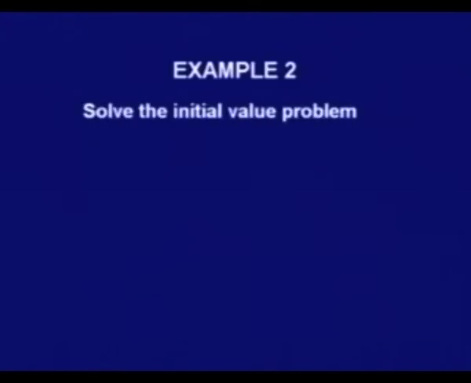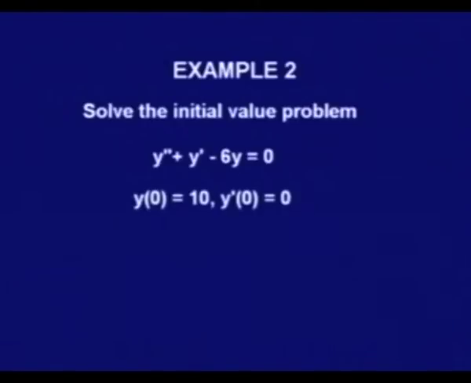Solve the initial value problem y double dash plus y dash minus 6 y is equal to 0 with the initial conditions y at 0 is 10 and y dash at 0 is 0. The given differential equation is y double dash plus y dash minus 6 y is equal to 0.